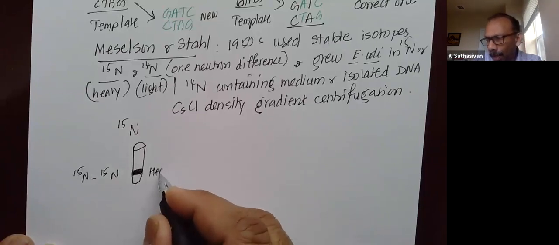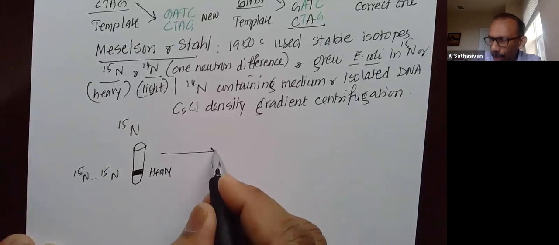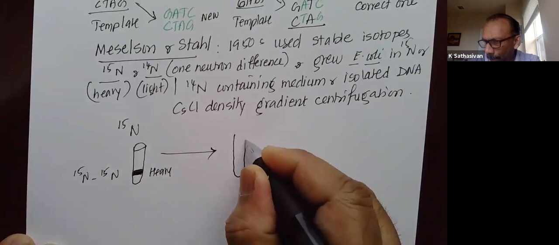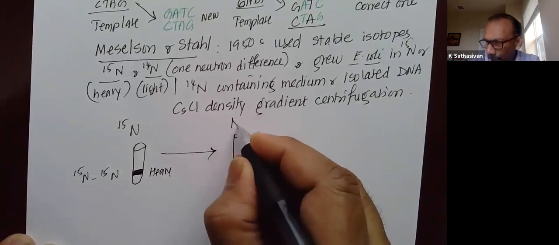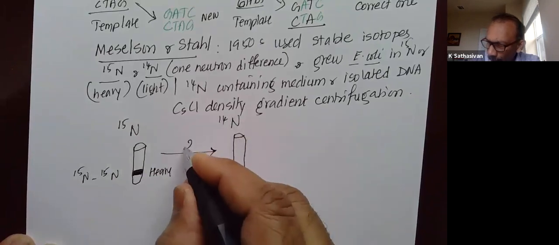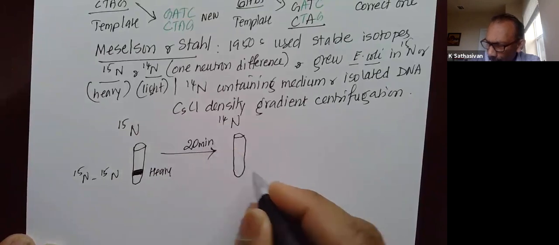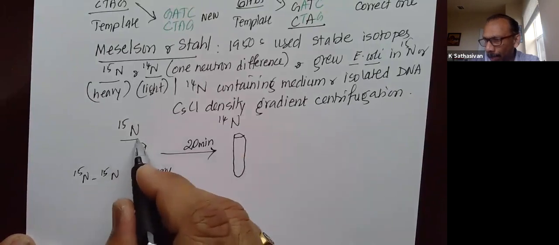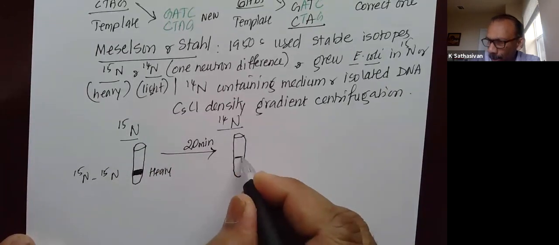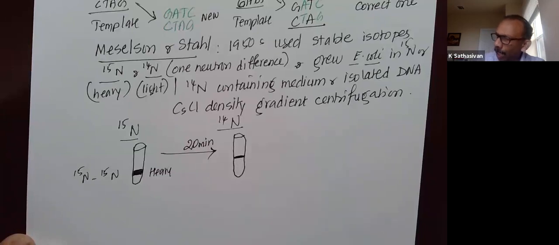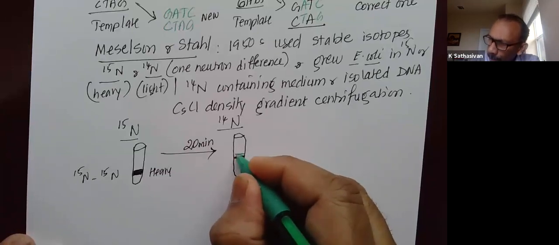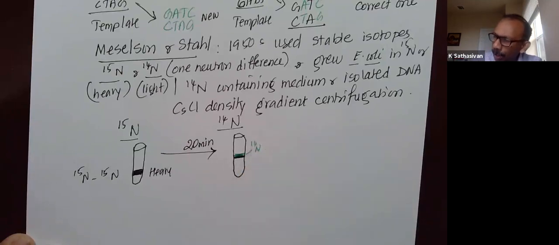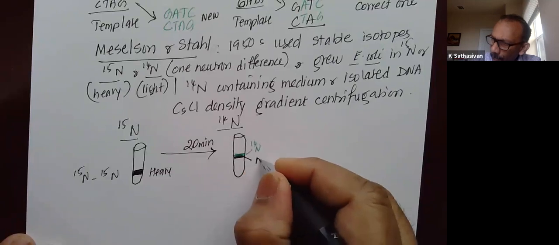And so they transferred the bacteria and then cultured them in N14-containing medium for about 20 minutes. They allowed that to replicate in N14. So at that time, because it's a mixture of N15 and N14, they had one strand of the DNA N15 and the other strand N14, a combination of the heavy and the light.